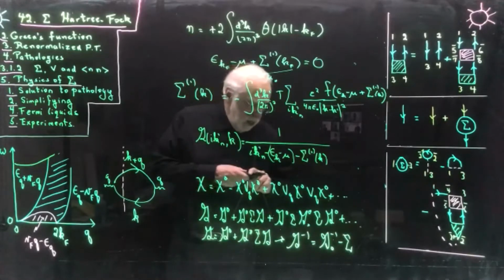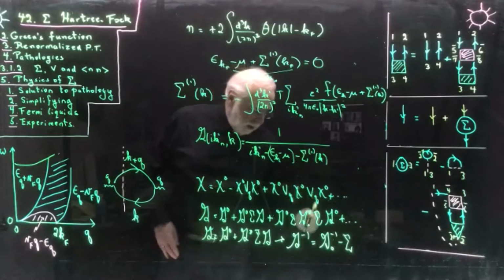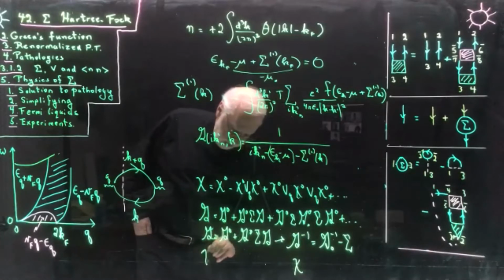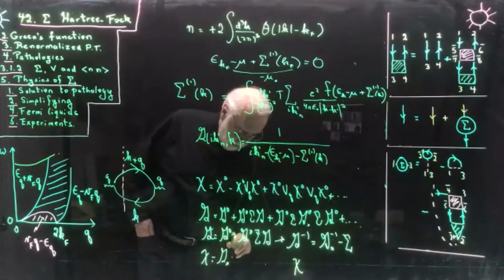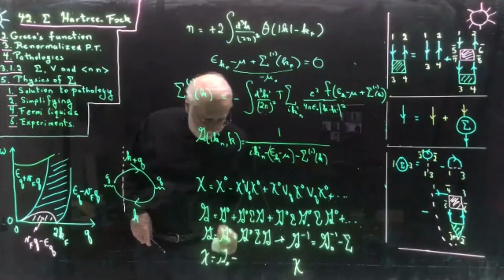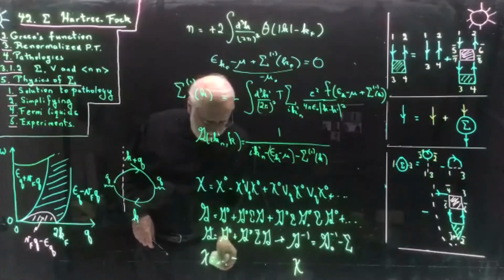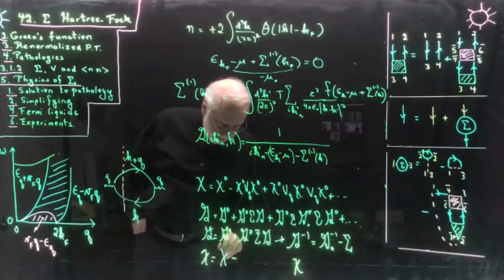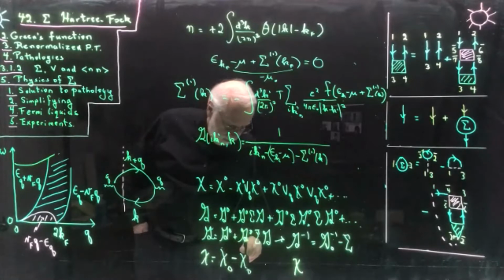And in the same way, what we have with the susceptibility is that chi is equal to chi 0 minus chi 0 V chi. Whoops, I see chi and I write G. Bad start. This is chi 0 minus chi 0 V chi, right?